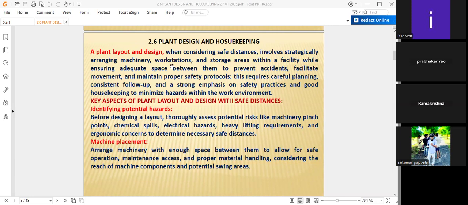Number two is, as per the process description, the sequence of the process departments should also be as per the process flow diagram. The first process department is where the raw material is dressed or purified.